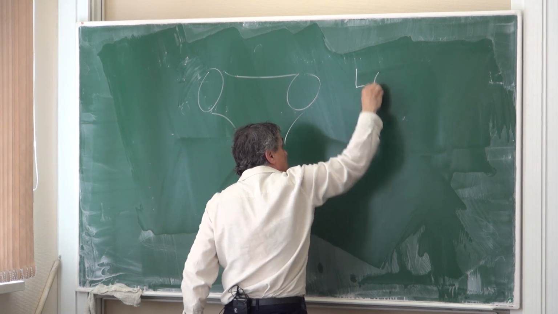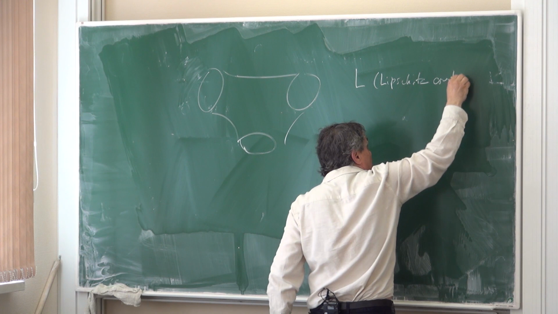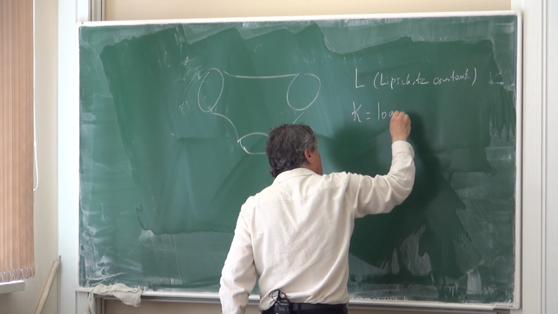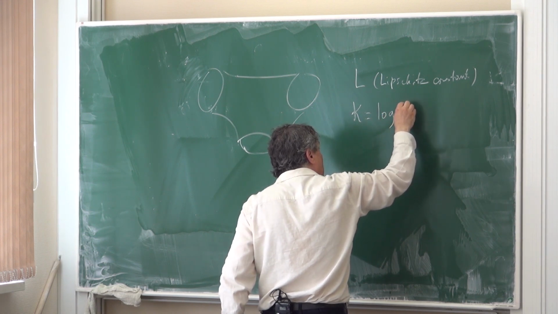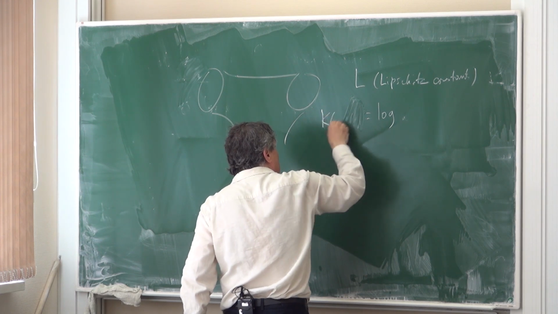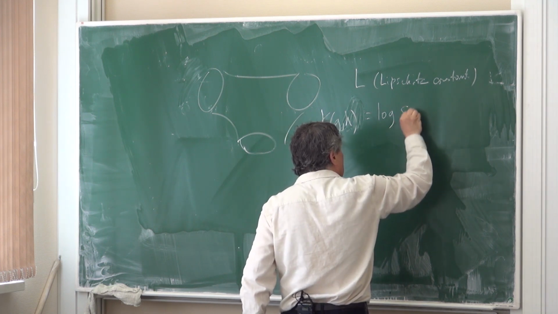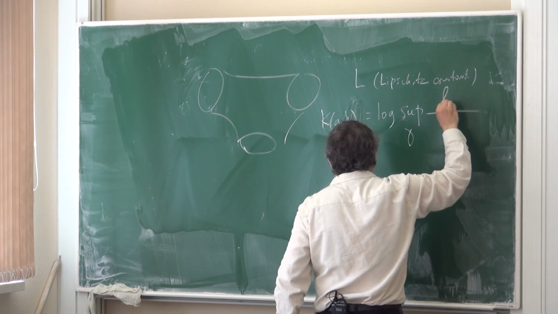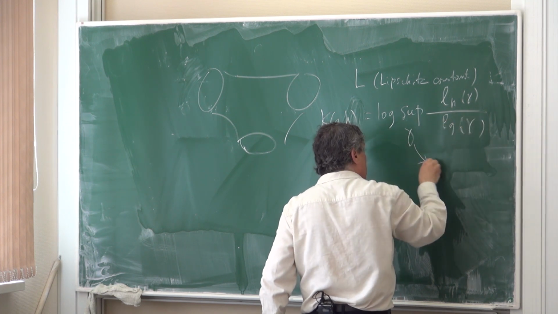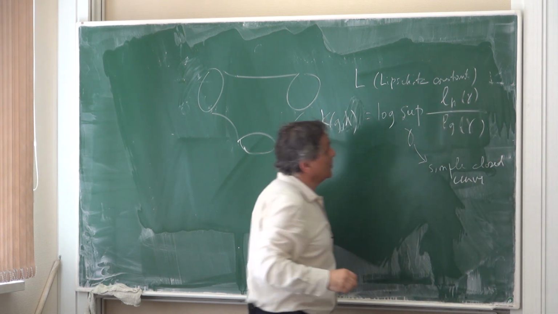We have L, with the best Lipschitz constant, and we had K, the logarithm of the supremum over gamma of H of gamma over G of gamma. Let's put it K of GH to be more precise. Here gamma is a simple closed curve. I'm taking this supremum. Remember this.